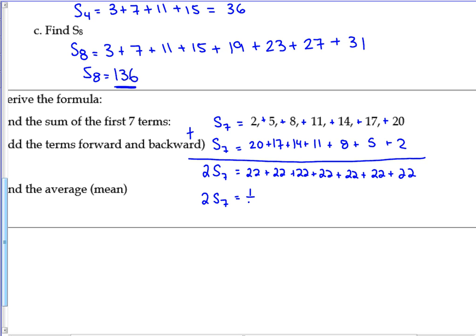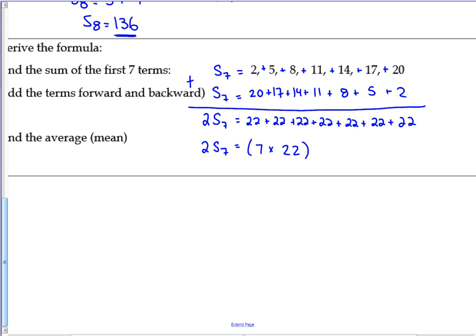Oh, sorry, don't put the 1/2 there. That's not right. I'm ahead of myself. 7 times 22. Okay, now we want S7 by itself, so there's 2 S7s.